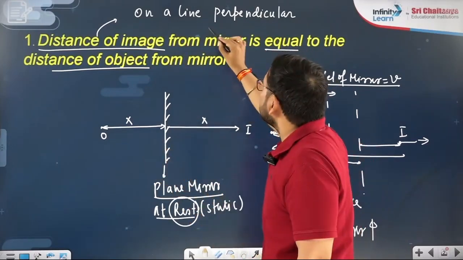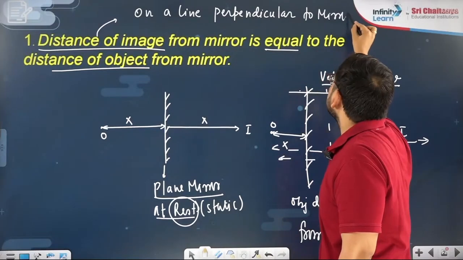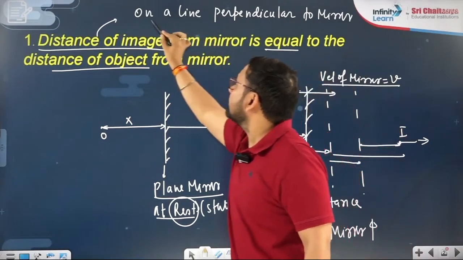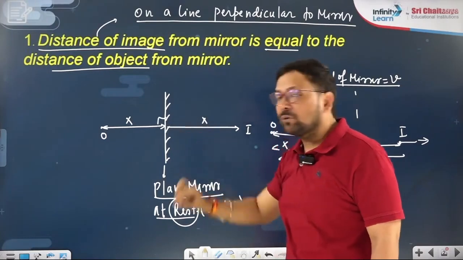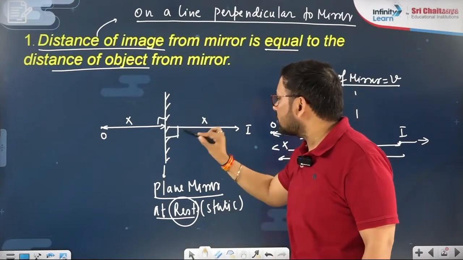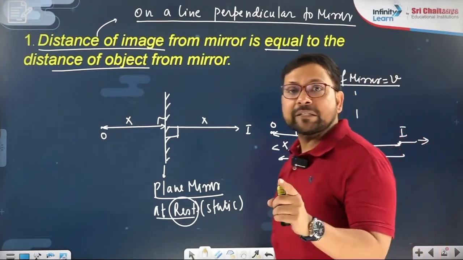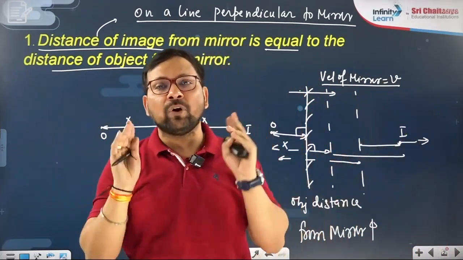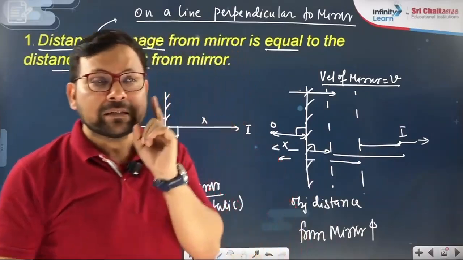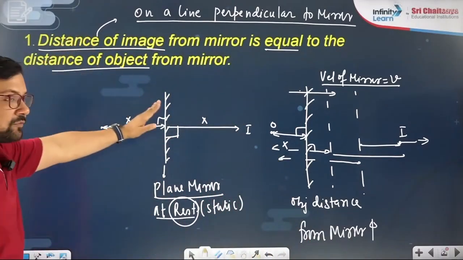So on a line perpendicular to the mirror, that distance will remain the same. You can say this line is perpendicular to the mirror, this line is also perpendicular, and this line. So object and image distances are measured on the perpendicular line, on the normal, and they will always have the same magnitude. That is characteristic number 1.